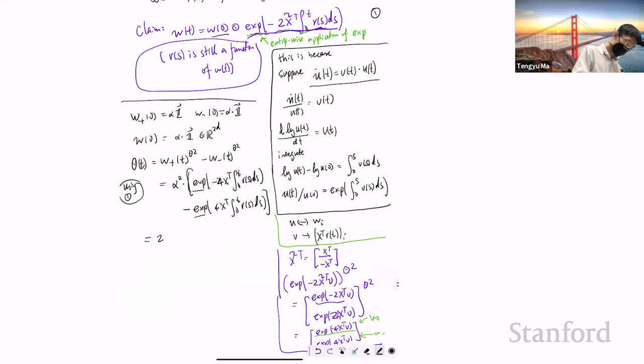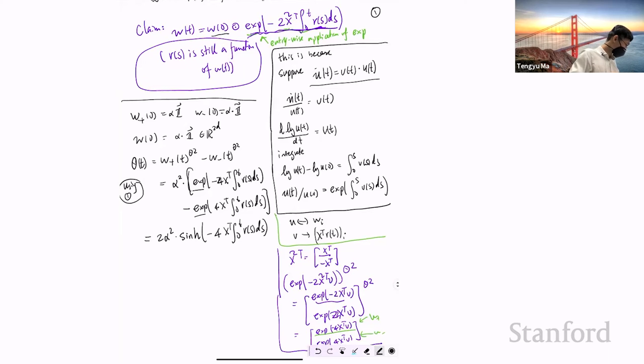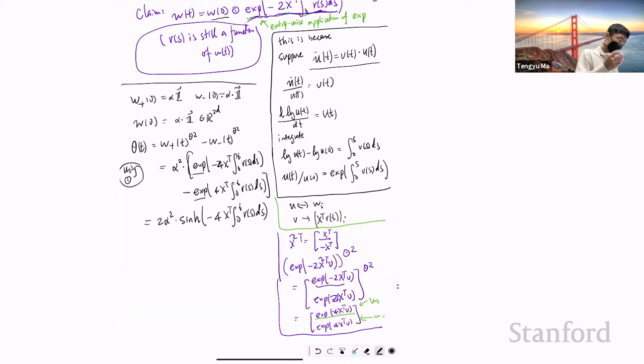You can write this more succinctly as the sinh for x transpose. This is just a better definition of the sinh. I think sinh is something like exponential t plus exponential minus t over 2, something like that. So basically we have a characterization of theta.